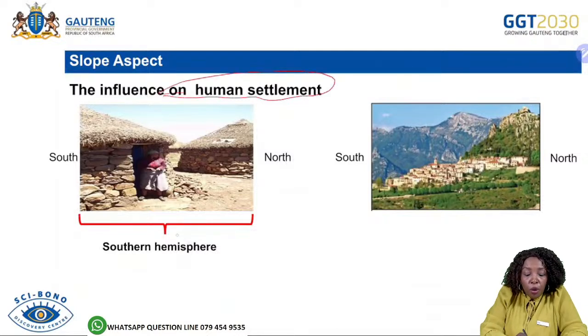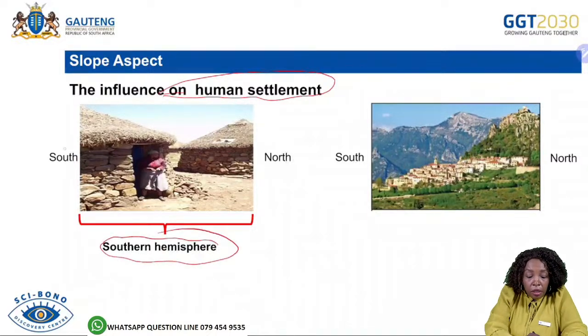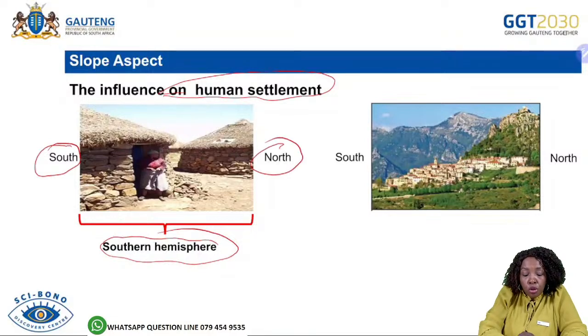So when we look into the southern hemisphere here, this is the south and this would be the north. So when you look at the position in which the houses are built, facing towards the north, because this is where we have the direct sun's rays that they would be experiencing.